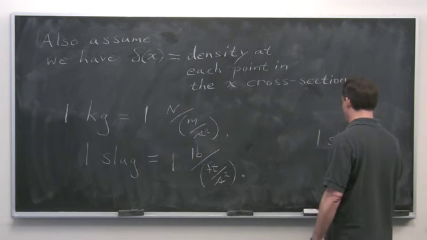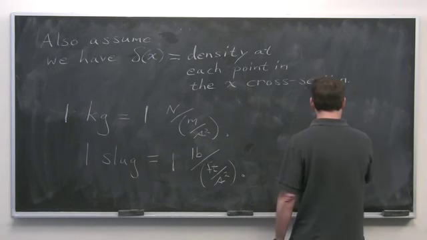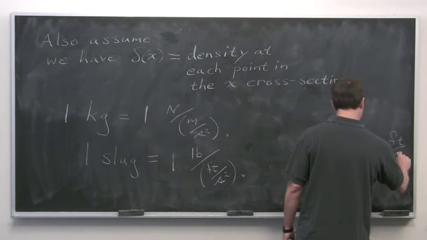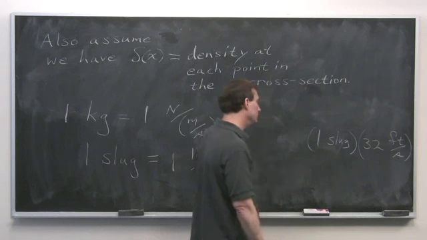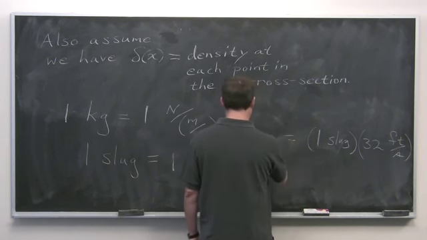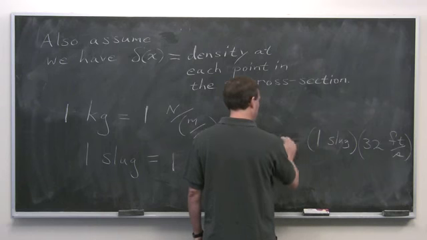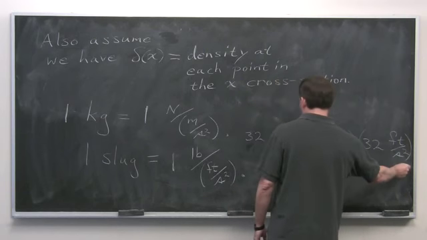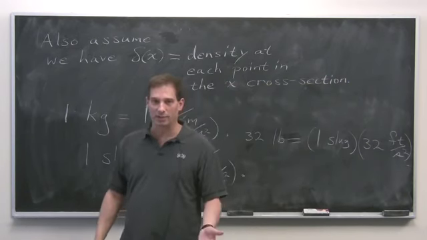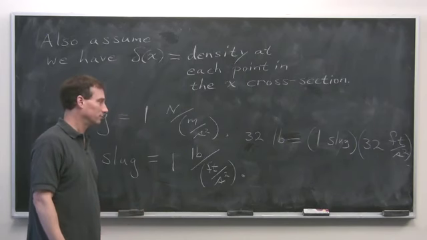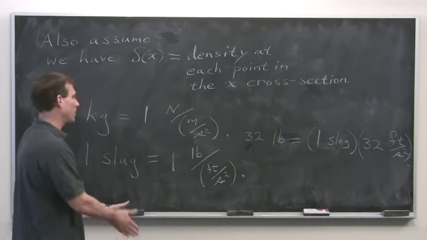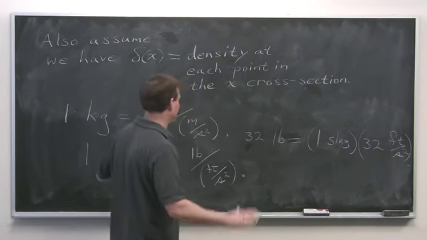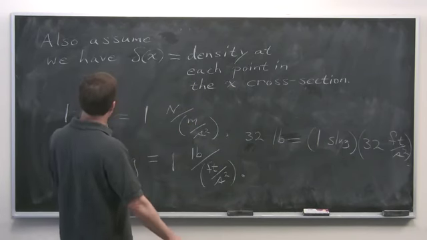If you take one slug at sea level on Earth, you multiply by the acceleration of gravity, which is roughly 32 feet per second squared, to get that it weighs roughly 32 pounds. So just like 1 kilogram weighs 9.8 newtons, one slug weighs 32 pounds, which means a pound mass is 1/32 of a slug.